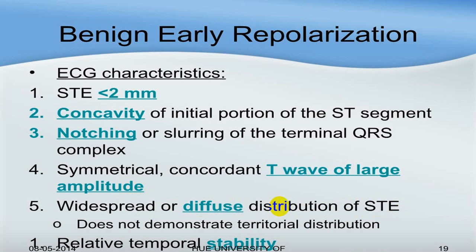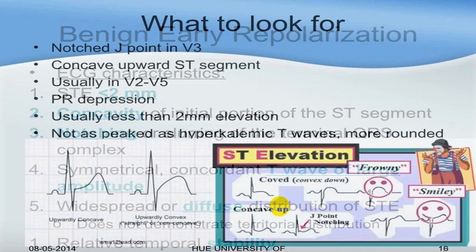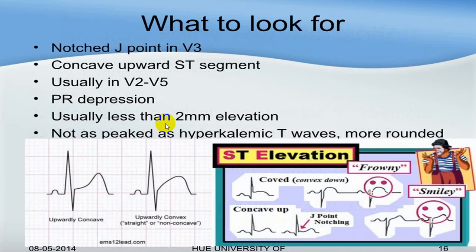Now whenever you see it in inferior and lateral leads, it is more in favor of a benign early repolarization, but depending upon other leads, they are divided into different groups. We'll be coming across that slide.